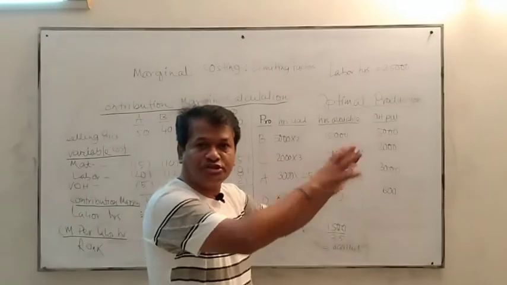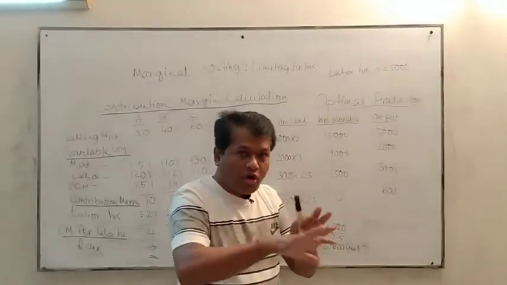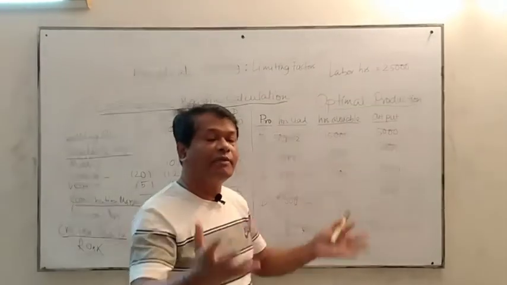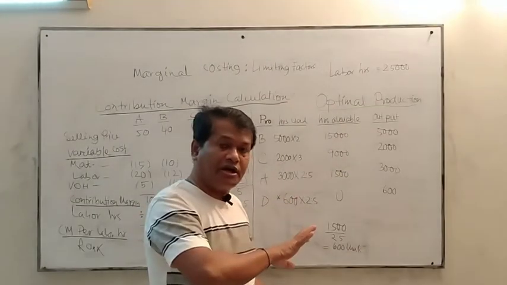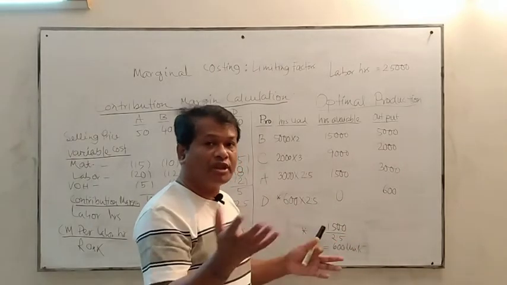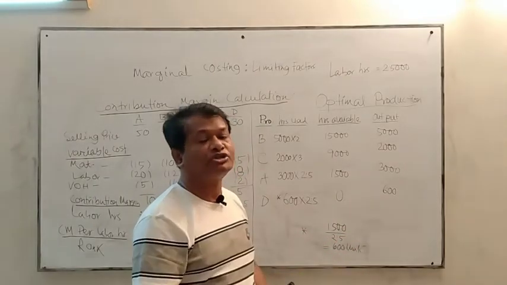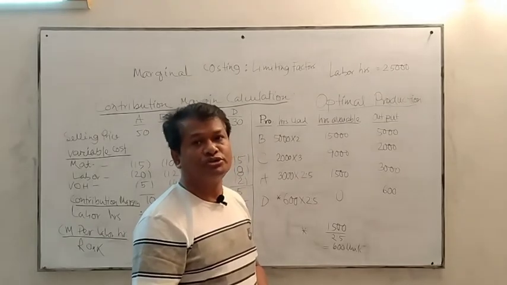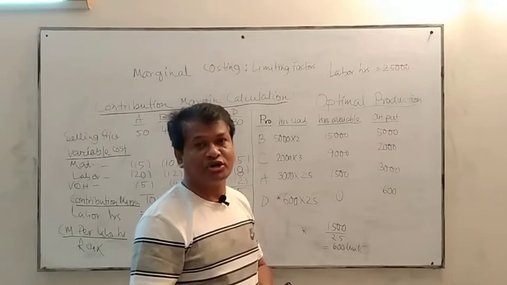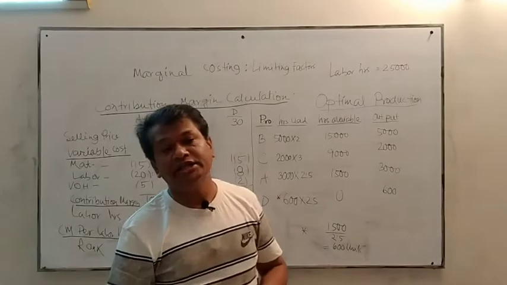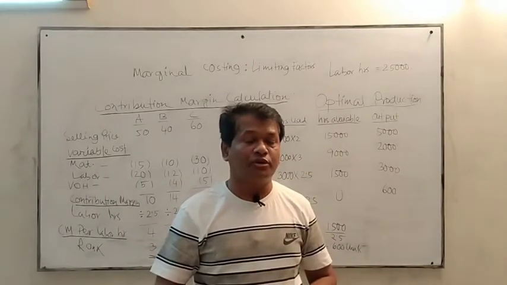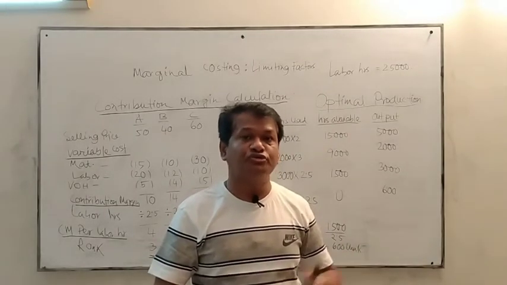So all production of A, B, C can be done by the available labor hours, and the hours remaining after production of all 3 units A, B, C can only be used to produce D. So what is the amount of production of D? The market demand for D is 2,000 units, but the total hours are not available to produce the 2,000 units.